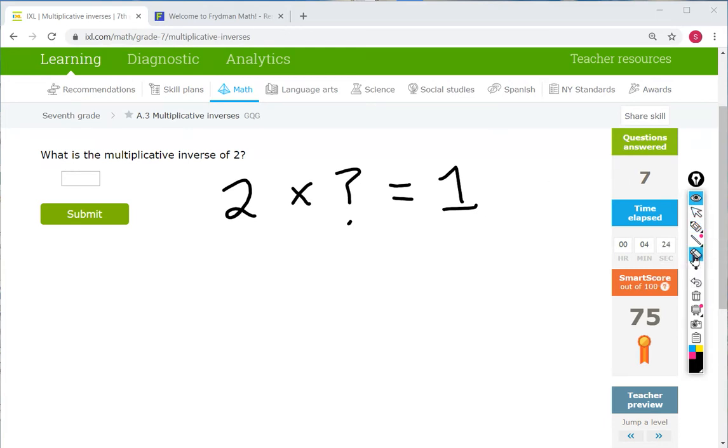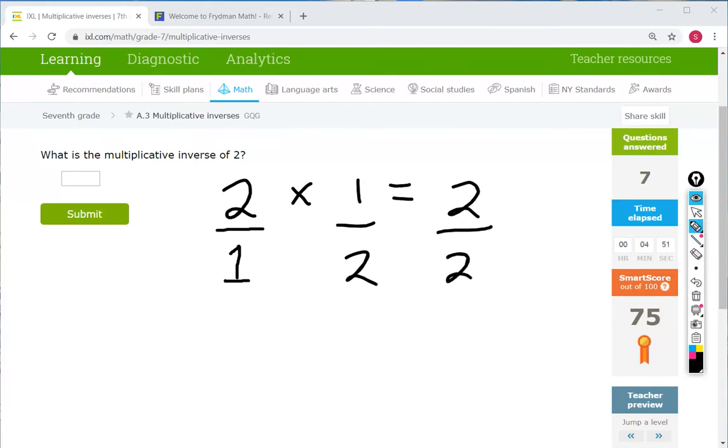Actually, we can rewrite this 2 as 2/1. And then it's easier to see why the answer is 1/2 because the reciprocal of 2 over 1 is 1 over 2. So if we do 2 over 1 times 1 over 2, then we would get 2 in the numerator and 2 in the denominator, and 2 divided by 2 is 1.